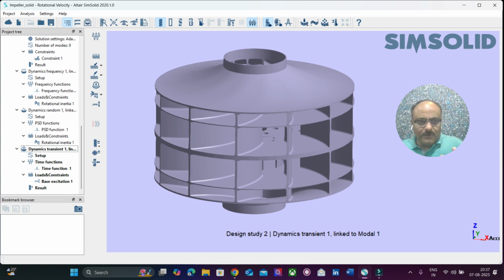Okay, so this is the end of our complete simulation on the impeller, and in the next episode I'm going to come with an entirely different structure.